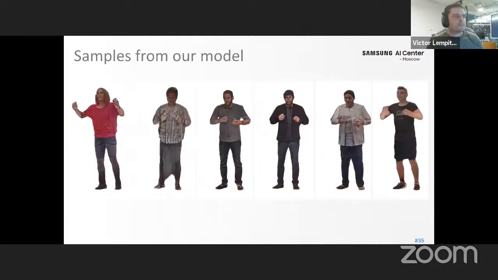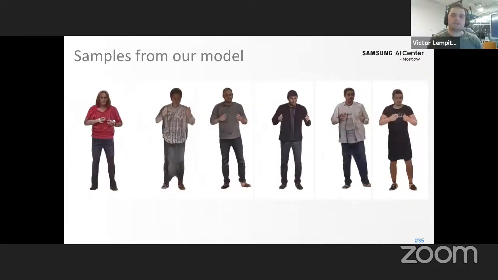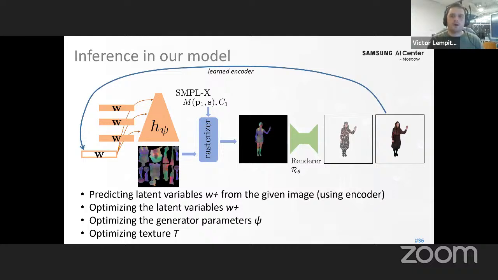Okay, so how do we do inference in this model? It's essentially the same. Given, say, a single frame, we use an encoder to predict W, then we optimize the W variables, then we optimize the generator parameters.